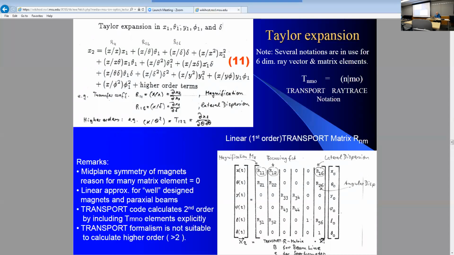Here, the magnification, the focusing function, and the dispersion, and you can have higher orders. These are up to second order, so all cross terms, and of course even higher orders. If you change not only one parameter, as we have done so far, but you change 2 parameters at the same time, you get cross terms or higher orders.